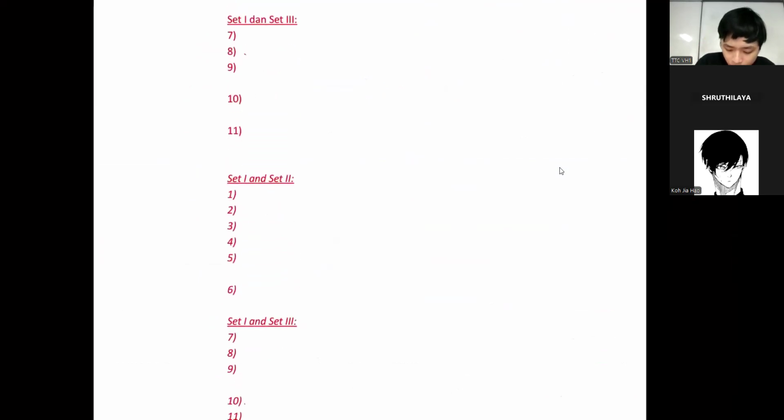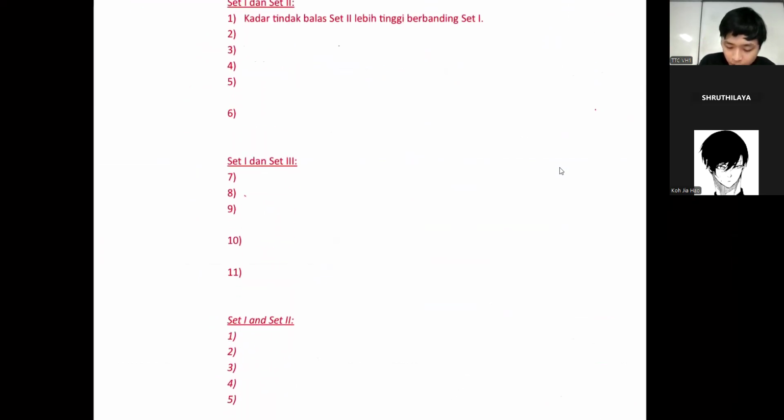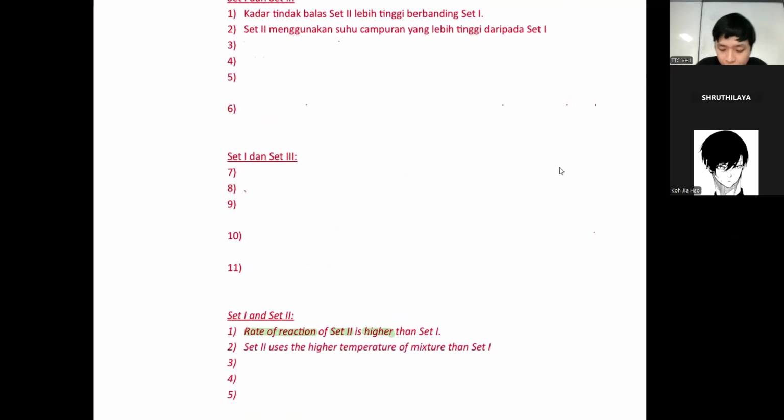So I'm going to write down first. For set 1 and set 2, first, the rate of reaction is higher in set 2. Second, temperature: set 2 uses a higher temperature of mixture than set 1.